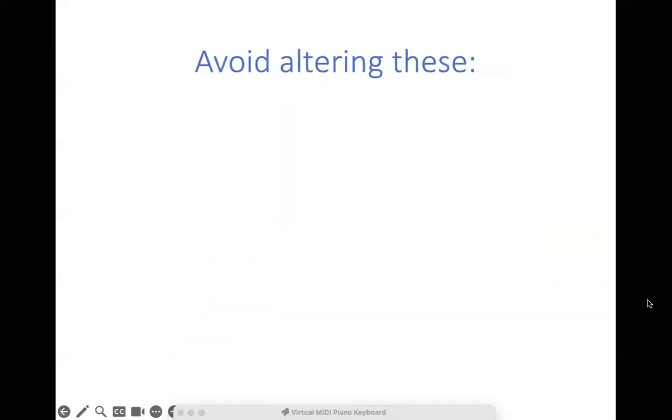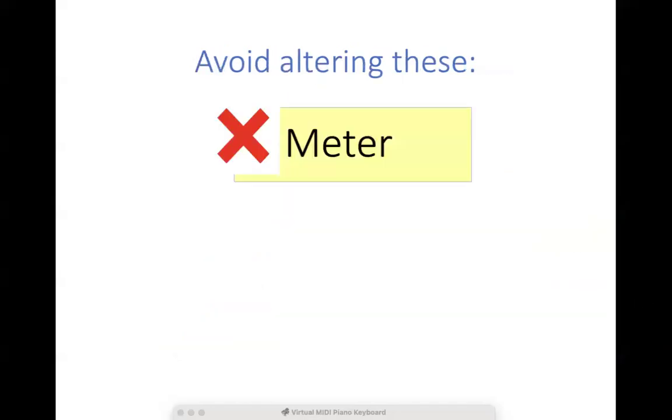So these are the parameters that we should avoid changing. The first one is meter. I was careful not to say rhythm, because I think it can be simplified under certain circumstances. But the meter definitely should be preserved. Otherwise, that will really change the structure and the nature of the music.